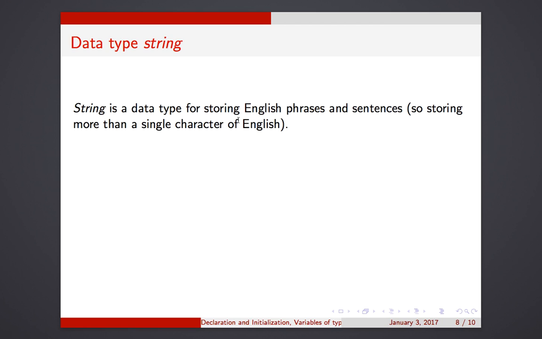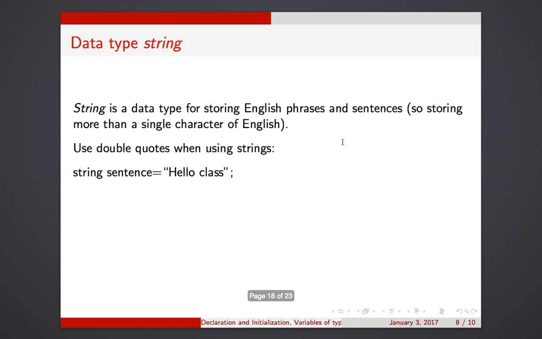So string is a data type for storing not just individual characters, but entire strings of English. So English phrases, or sentences, or paragraphs if you want. You can store single characters if you would like, but also just entire sentences if you want to. So when using strings, we use double quotes. Okay, so double quotes are for strings, single quotes are for characters.